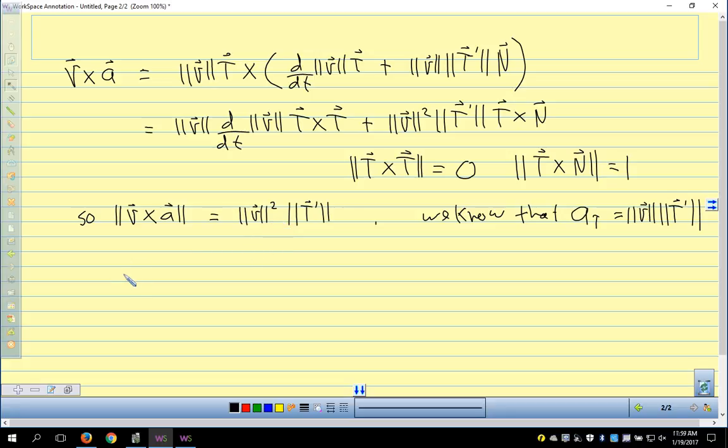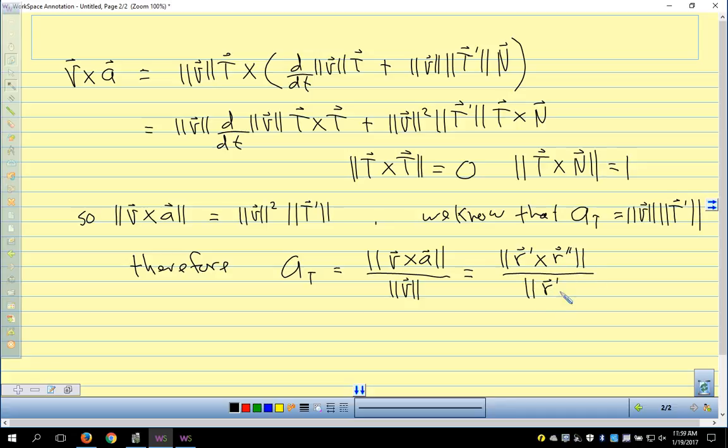So we can write, divide both sides of this by the magnitude of v, we get that a sub t is the magnitude of v cross a divided by the magnitude of v. And in terms of our position, velocity, and acceleration, it's going to be the magnitude of r prime cross r double prime over the magnitude of r prime.